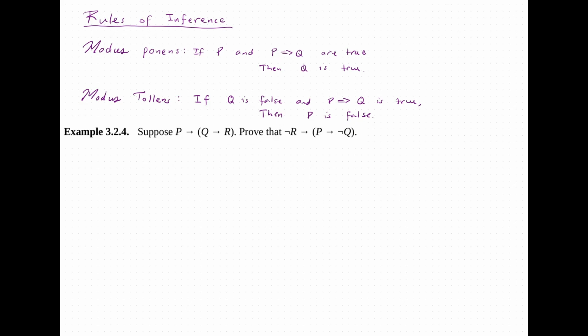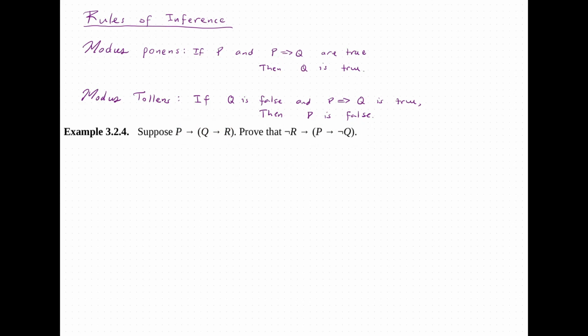The following statement has a conditional as our assumption, and our conclusion is also a conditional. But then both the assumption and conclusion, while they're conditionals, their assumptions also have a conclusion that is a conditional.